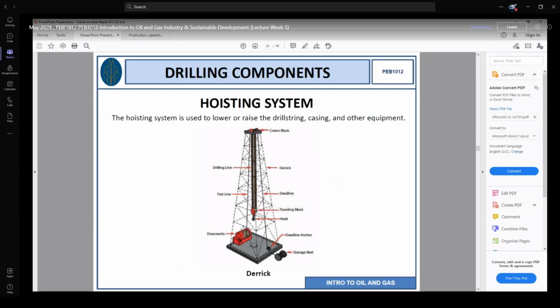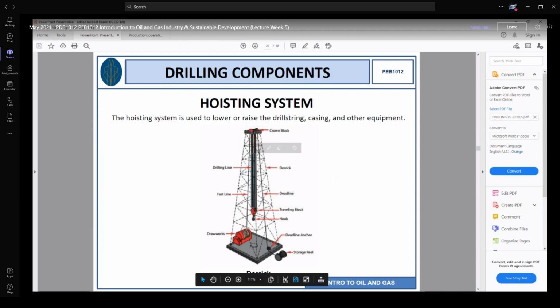Between these pulleys there is a line, we call it the drilling line or fast line. This is actually a metal line, a rope in between them. We spool this line over the drum, then this, called the traveling block, is going to move up.